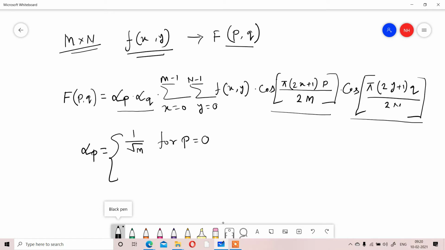Whenever p equals 0, you get the value 1 by root m, and root of 2 by m for 1 less than or equal to p less than or equal to m minus 1. So except p equal to 0, all the values of alpha p are defined by root of 2 by m.